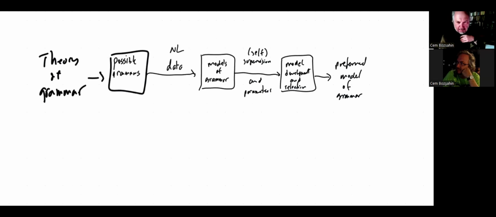So the point of having a solid and modelable theory of grammar is to give you a vocabulary here to write possible grammars and a nomenclature.